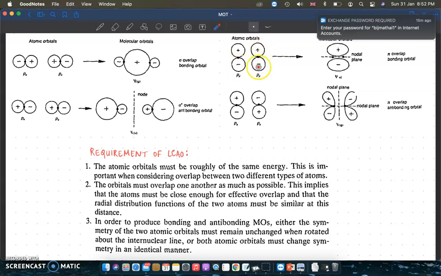I mean to say, both the atoms that are combining have the same phase signs. When such a situation happens, it leads to symmetry in the combining atomic orbitals, and that's why it is an important factor needed while using the linear combination of atomic orbitals.